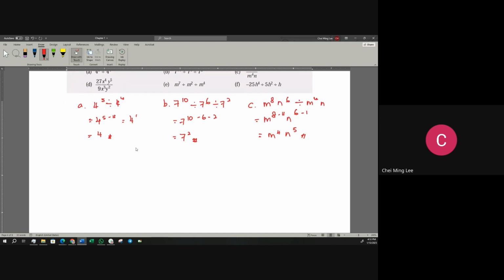Okay, now for D. 27x^4y^5 divided by 9x^3y^2. So this one is 27 over 9, then x to the power of 4 minus 3, y to the power of 5 minus 2. So this one becomes 3x to the power of 1, then y to the power of 3.